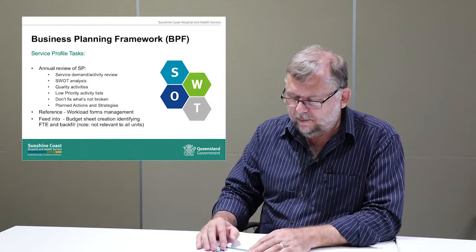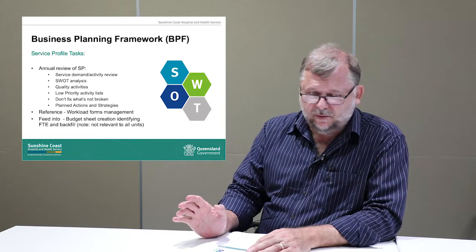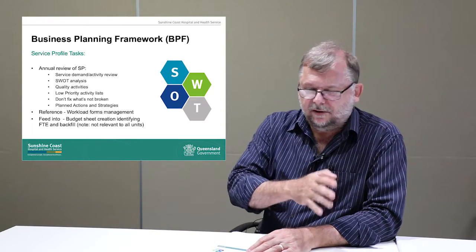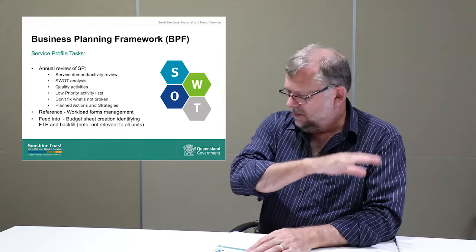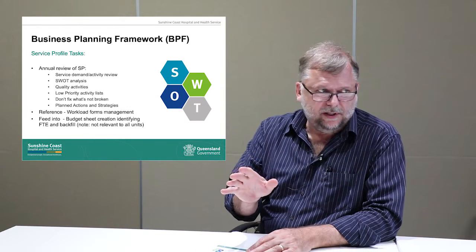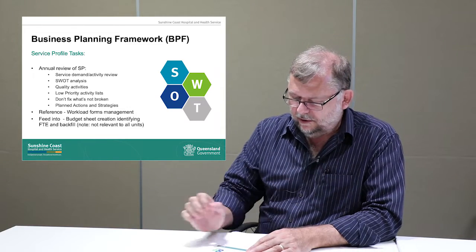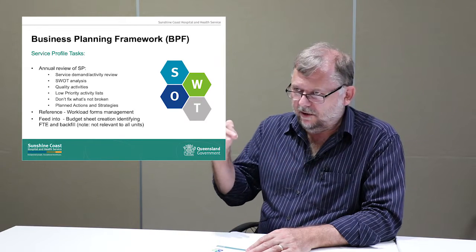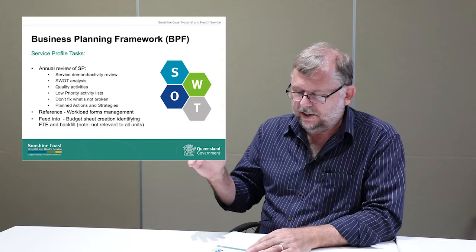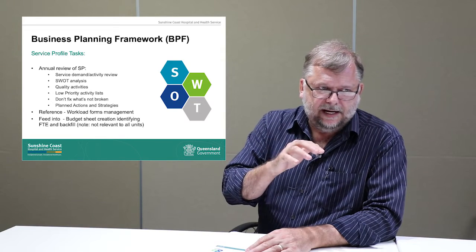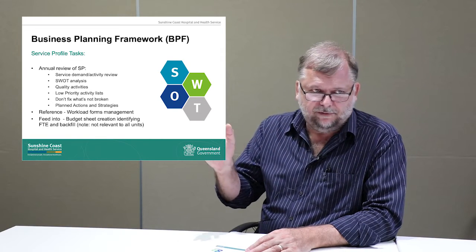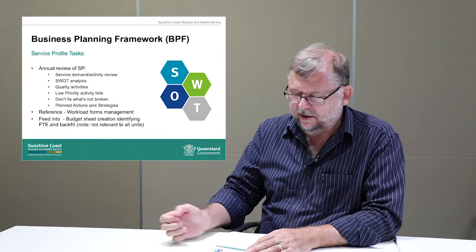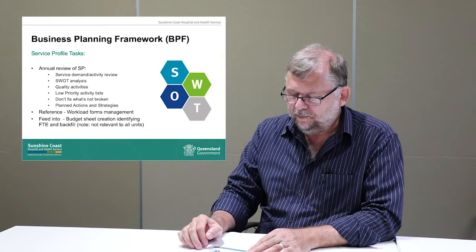the service profile. Now remember, don't fix what isn't broken. If your service profile covers an issue from last year, copy and paste will carry that forward. You don't have to review what isn't broken. But you need to maintain in section 4 of your service profile a planned actions and strategies list with targets and assignment to people of who's going to look at what and what can be reviewed and improved.